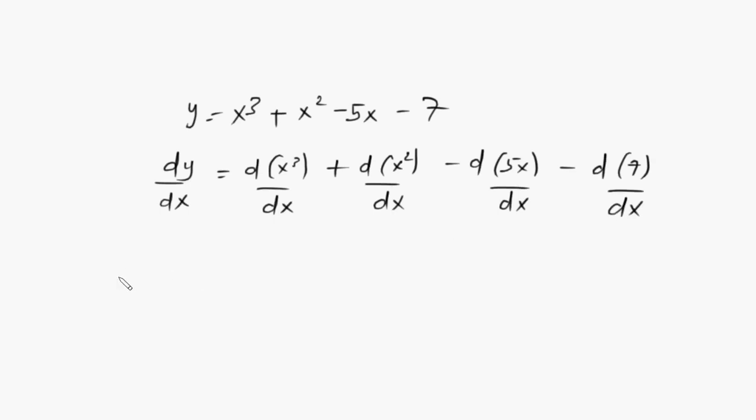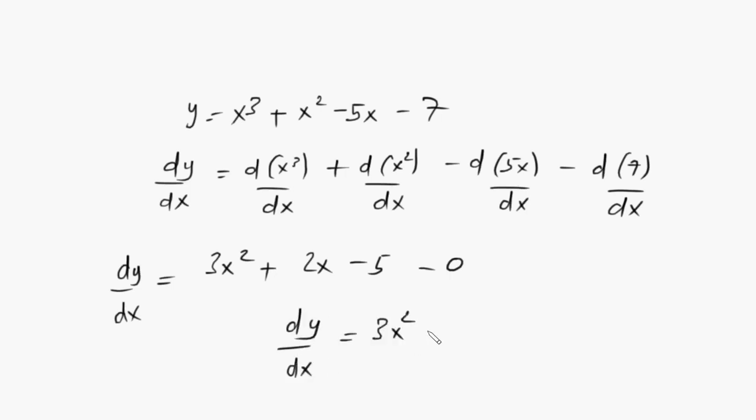Okay, hivyo ndo tunavyosomaga sana. Ukishazoea sana unasoma hivyo. Kwa kwanza kusema derivative of x cubed, inasumbua. Kwa sema tu d. Okay, sasa so dy/dx is going to be equal, hii tulipata ni 3x squared plus hii tulipata ni 2x, hiyo tulipata ni 5 na hiyo ni 0. So my final answer is just dy/dx is equal to 3x squared plus 2x minus 5.